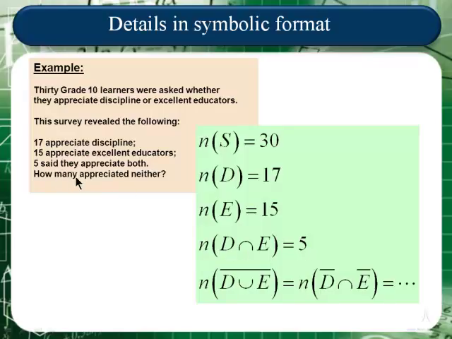The question was, how many appreciate neither? In other words, how many learners can be found outside the union of the two? Or you could say outside D and outside E. In other words, not D and not E. So here are the two ways that we can express our problem, and our question is to find the value of this particular cardinal number.